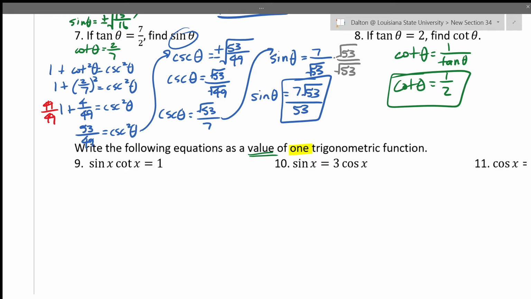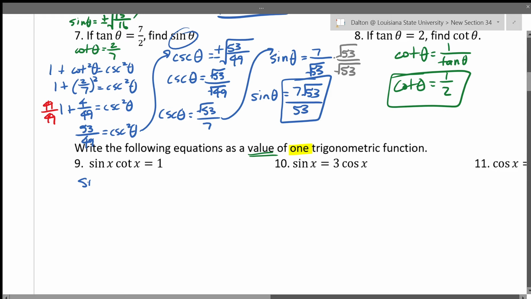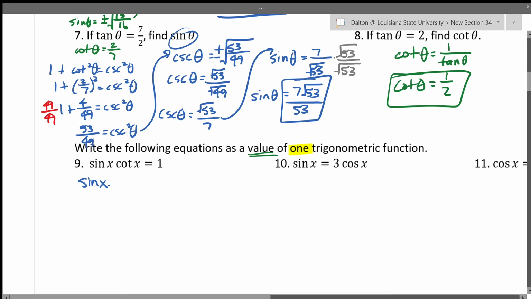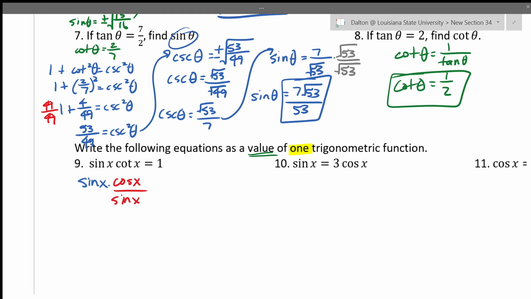So for number 9, my recommendation is leave sine of x alone and change cotangent. By using your quotient identity, the cotangent is the same thing as cosine of x over sine x, and that is equal to 1.